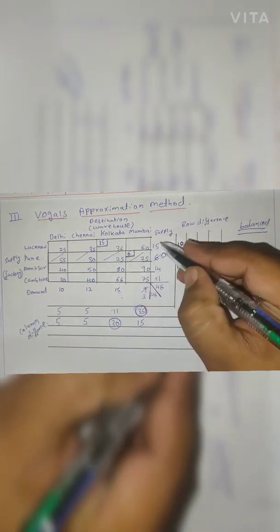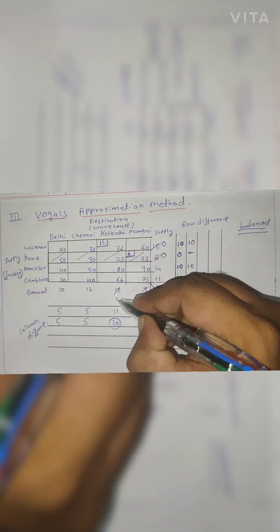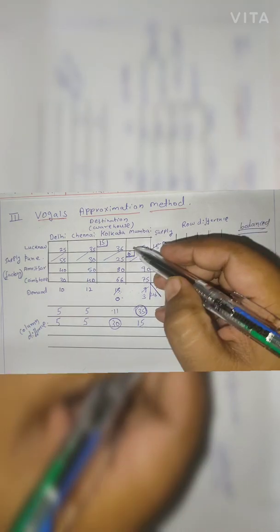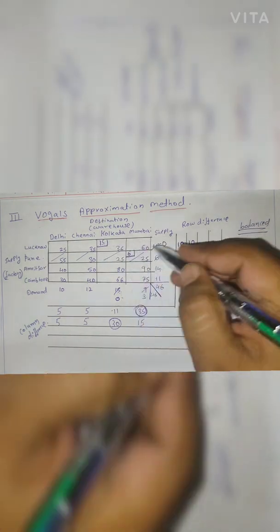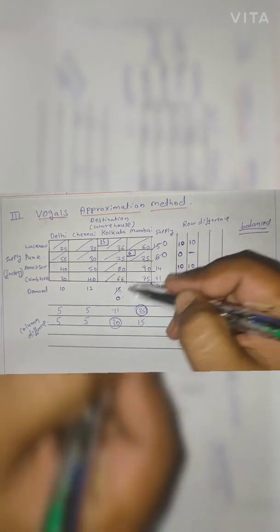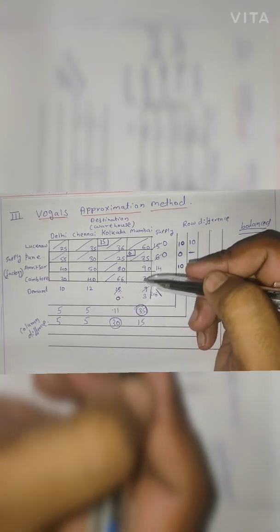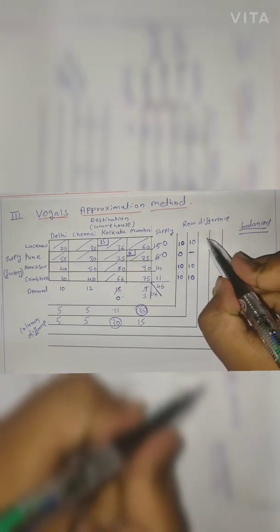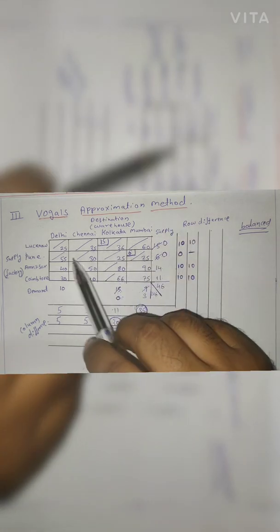So 15 minus 15, you will get 0, 15 minus 15, you will get 0. Now both row and column have become 0, so we'll eliminate both the row as well as the column. Now the same process again we'll do for the row difference and column difference.